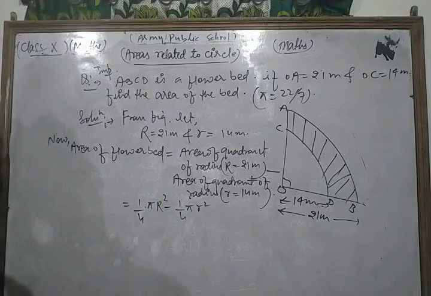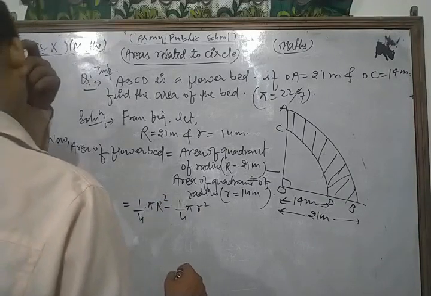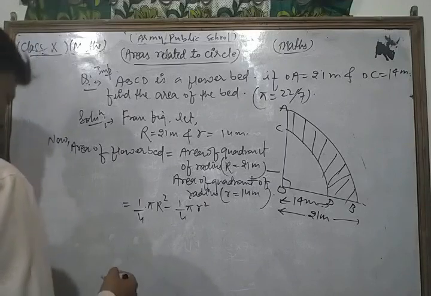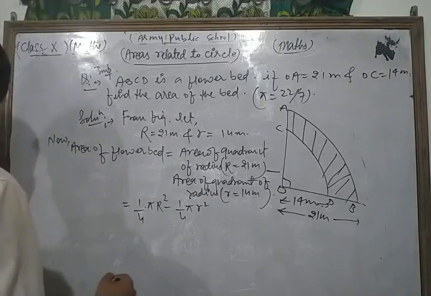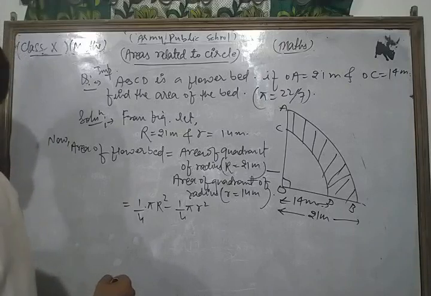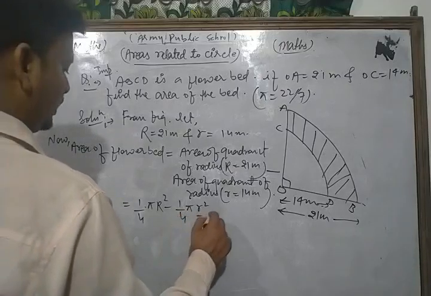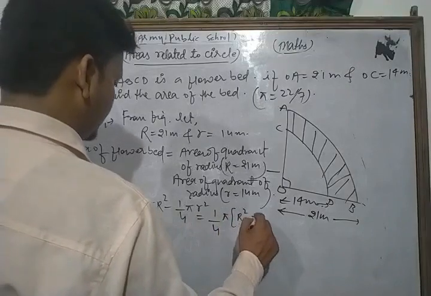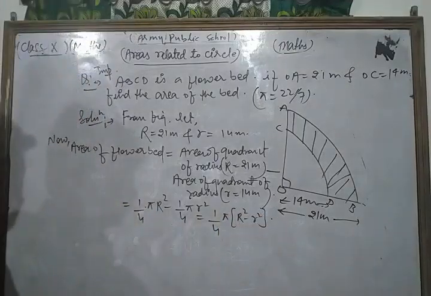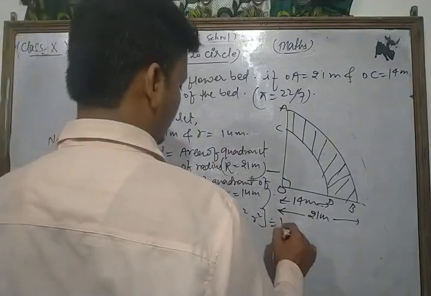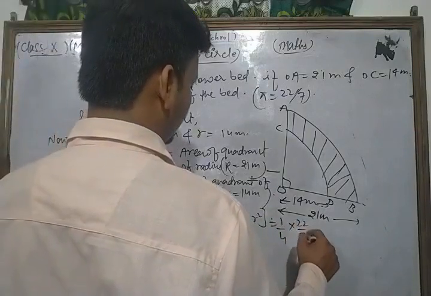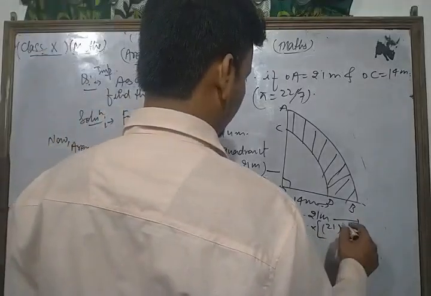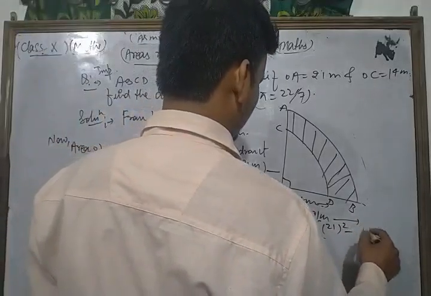Now we simplify them directly. We take 1 by 4 pi as common, so we get capital R square minus small r square. This is 1 upon 4, the value of 22 upon 7, into R square minus r square, where capital R is 21 square minus 14 square.